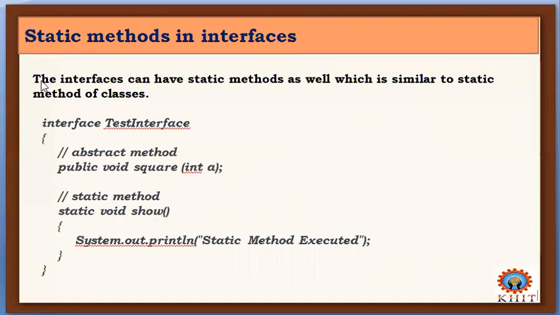Coming to static methods, as you can see in the definition, the interface can have static methods as well, similar to static methods of classes. The basic idea behind static methods is, when we write a static method, there is no need to create an object of any class to call that method.